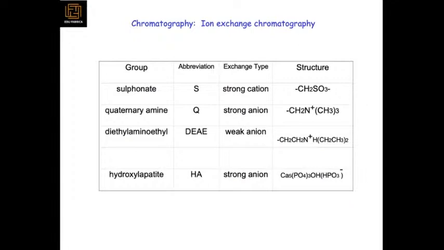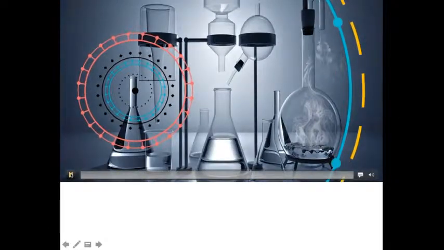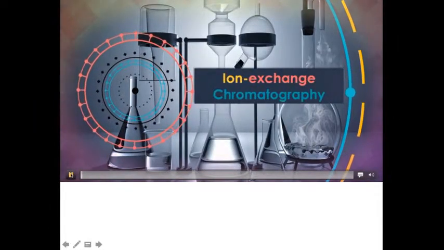Further, in ion exchange chromatography, sulfonate S, quaternary amines, diethylaminoethyl, hydroxyapatite. So these various groups are used in ion exchange chromatography for the various exchange types such as strong cation, strong anion, weak cation, and weak anion respectively, and the structures are as respective. So one video for that also. Then we take a 5 minute break.